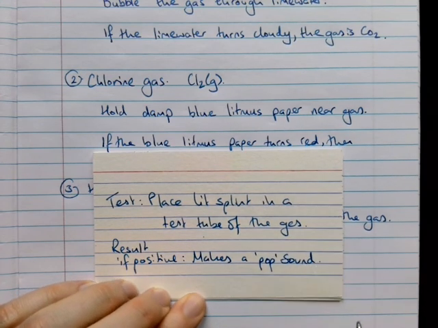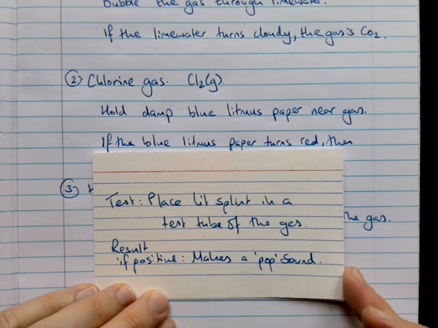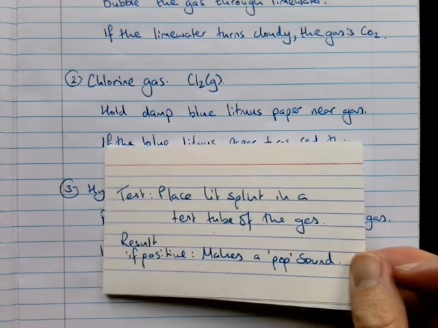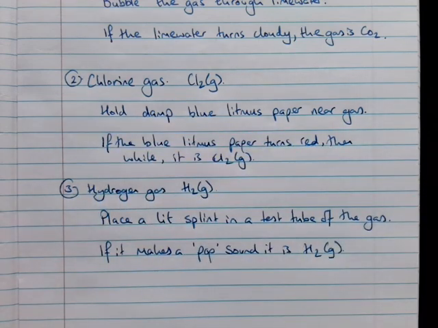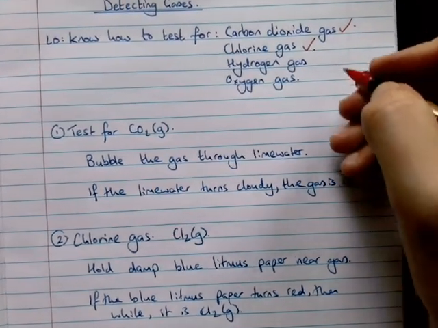Now I can't show you a picture of that because it's a sound, all right, but we'll be able to do that experiment in the lab and you'll hear the pop sound if you've not done it before. All right, so that's hydrogen gas.